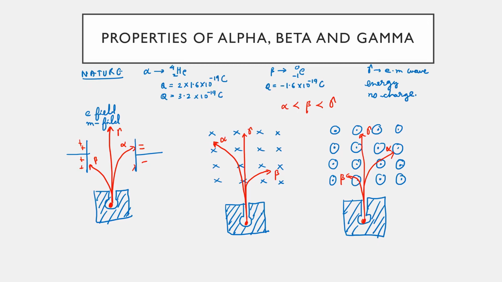Beta can travel a few meters in air, whereas alpha particle travels only 3 to 8 centimeters in air. So these alpha particles given out by the radioactive nuclei can only travel up to 8 centimeters, whereas gamma can travel like a kilometer. So gamma can travel pretty far.